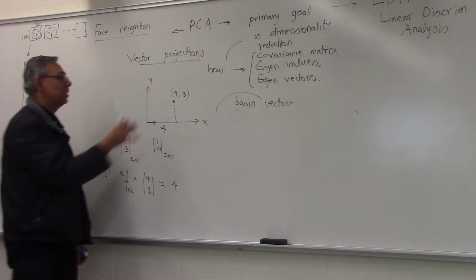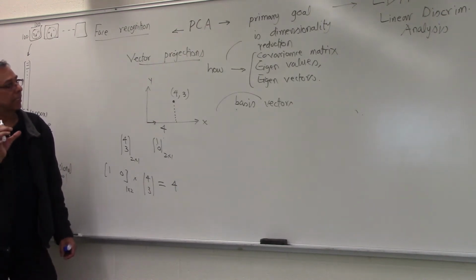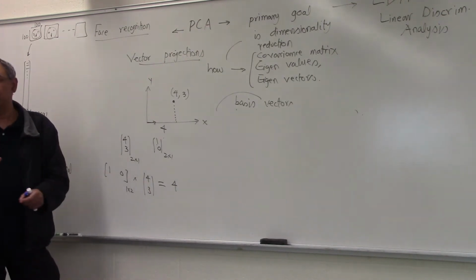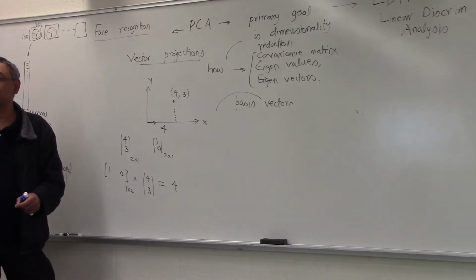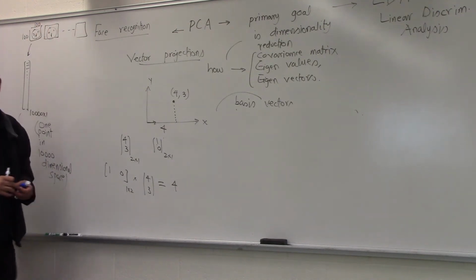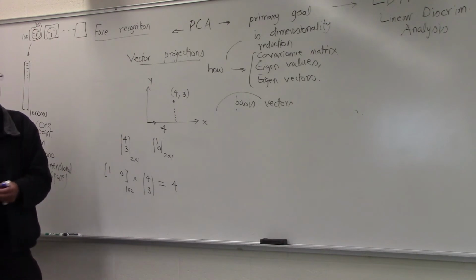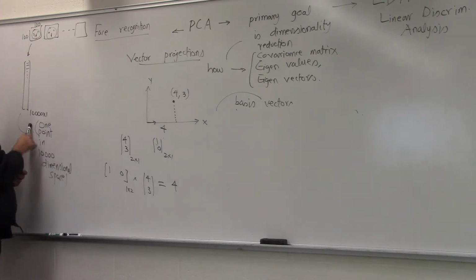If I have two-dimensional data and I asked you to give me a basis vector, what will be its size? 2 by 1, right? Now, if I gave you certain images and asked you for one of the basis vectors, what will be the size of it? 10,000 by 1, because remember I said each one of these is a point in 10,000-dimensional space.